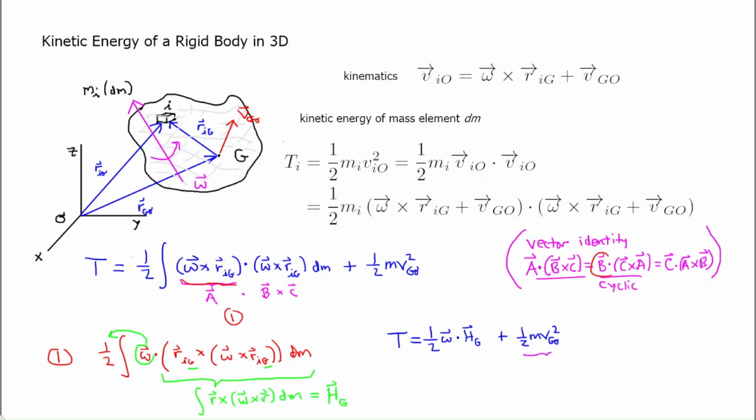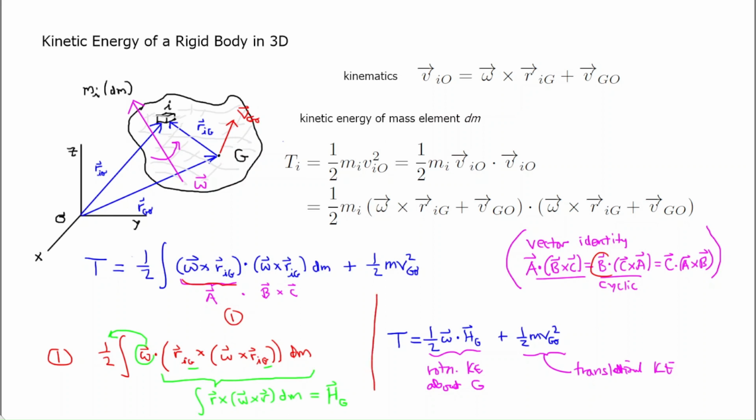Remember, this last term is the translational kinetic energy of the entire rigid body, and we can interpret this first term as the rotational kinetic energy of the body concerning its rotation about its center of mass.